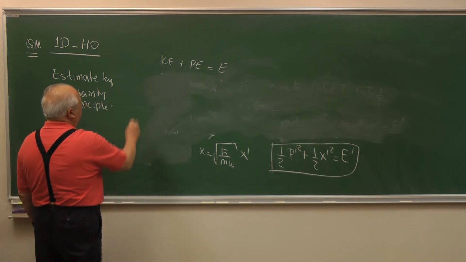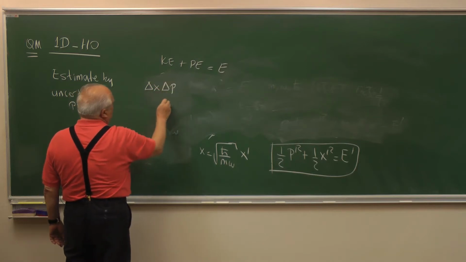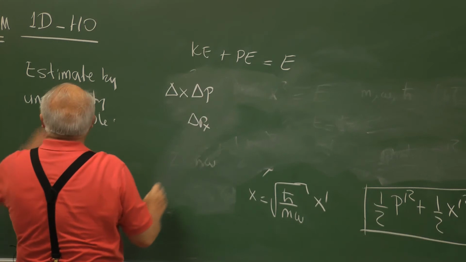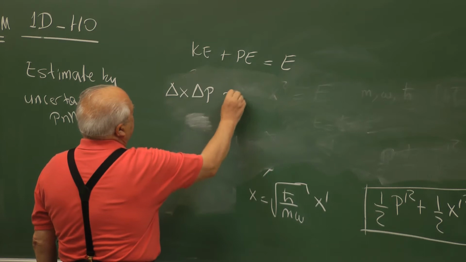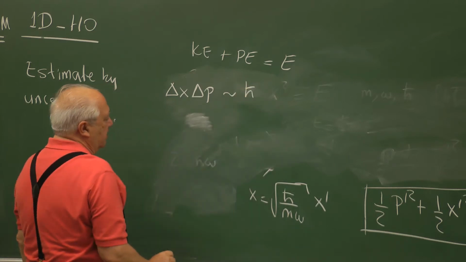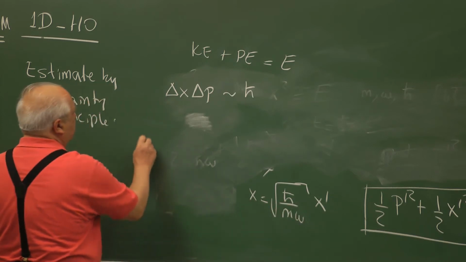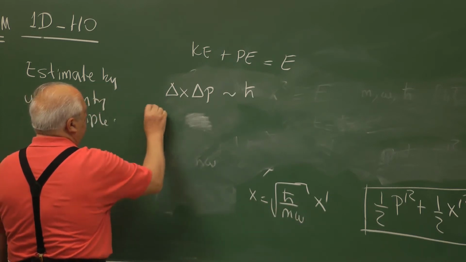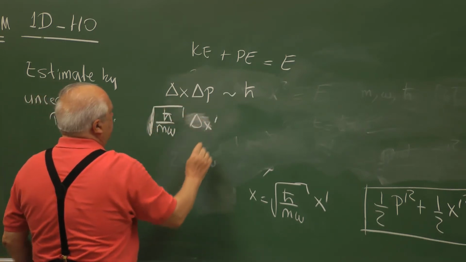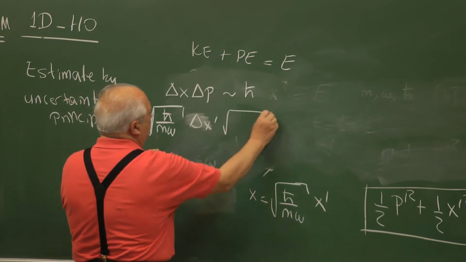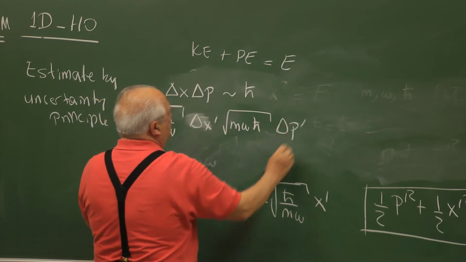Now, delta x, delta p, by which I mean delta p_x, because we are in one dimension, so I will not put the x anymore, is at least h bar over 2. But we said x was root h bar over m omega x prime, so it is root h bar over m omega delta x prime, and p was root m omega h bar delta p prime.